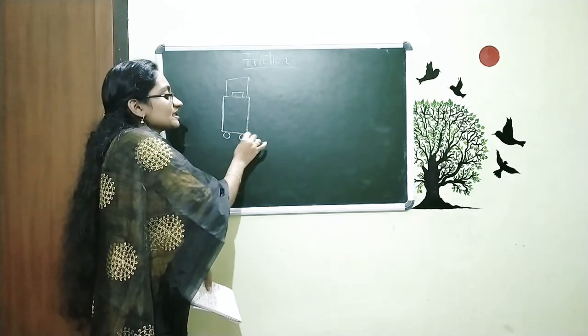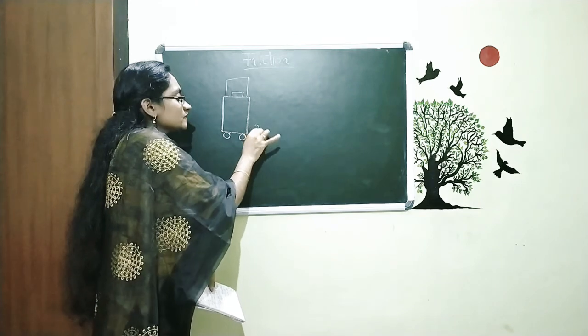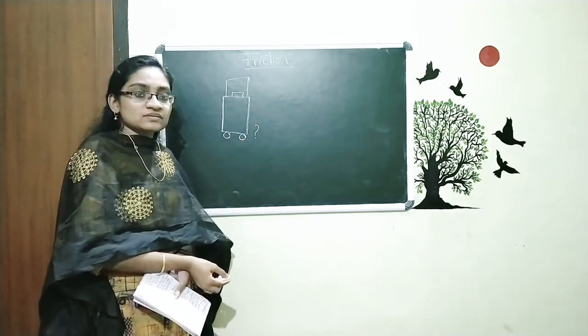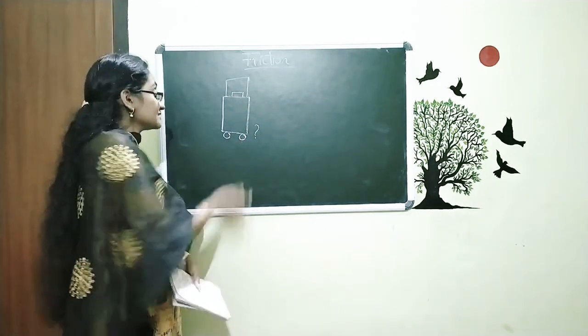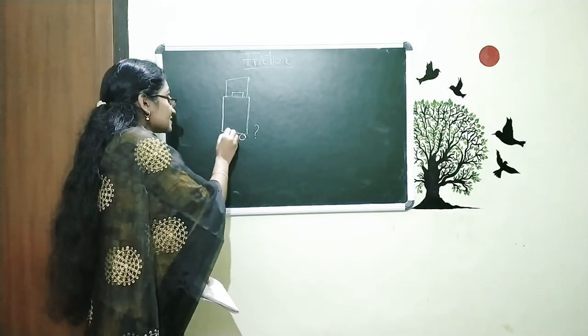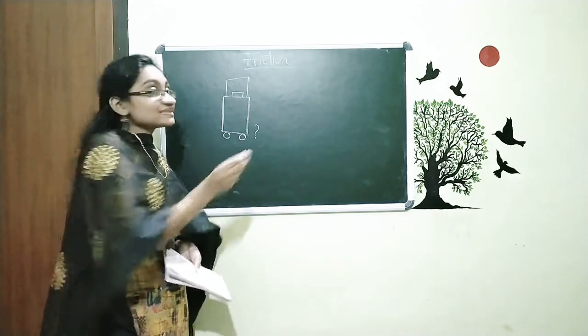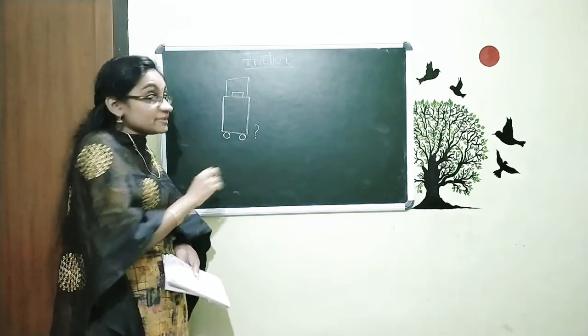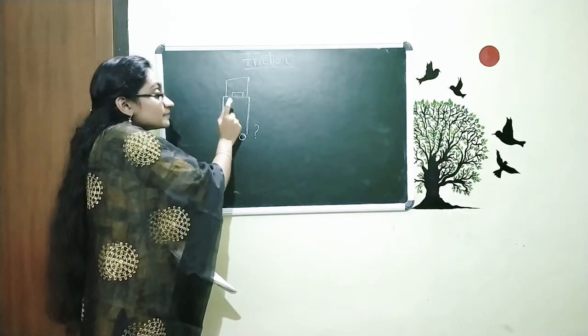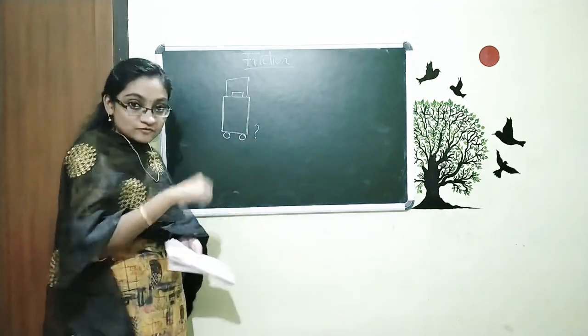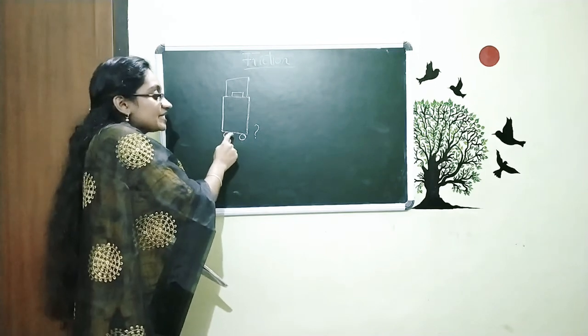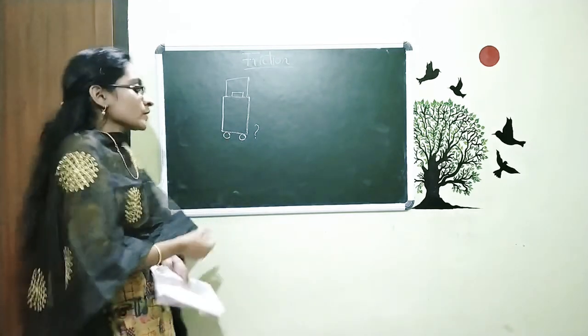Is it useful for this bag? Definitely yes. When we add these tires, it makes our task easier. We can roll this luggage bag along the surface, and it is made easier by adding these tires.